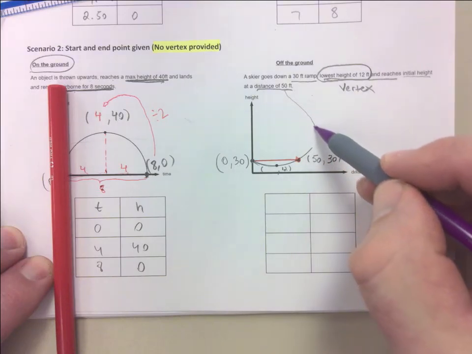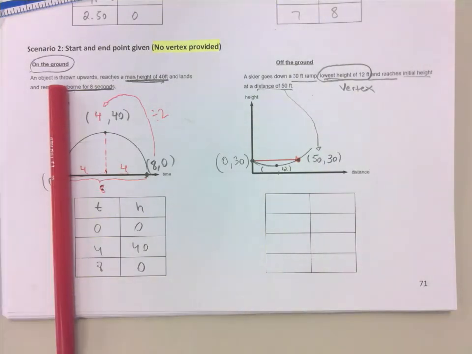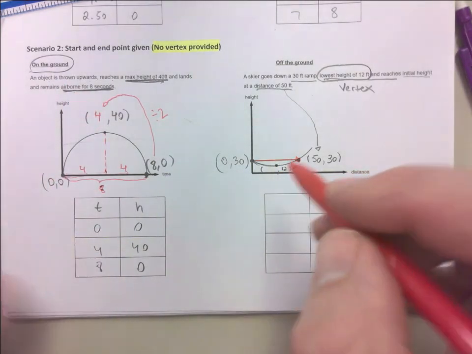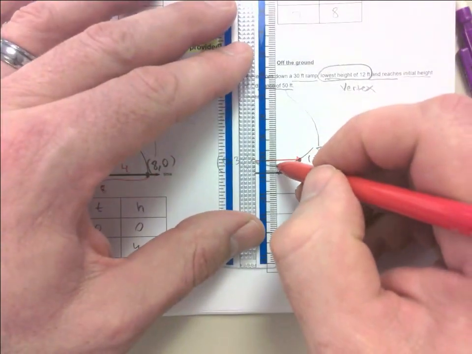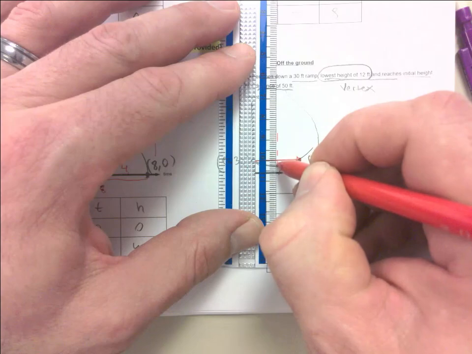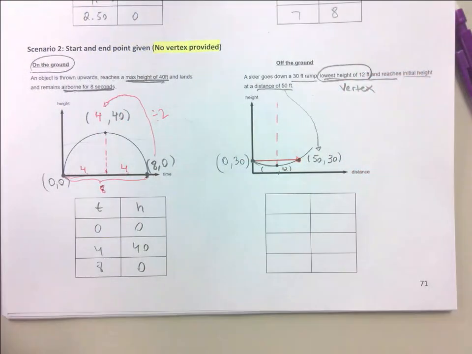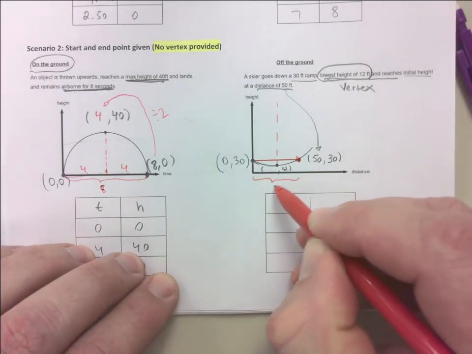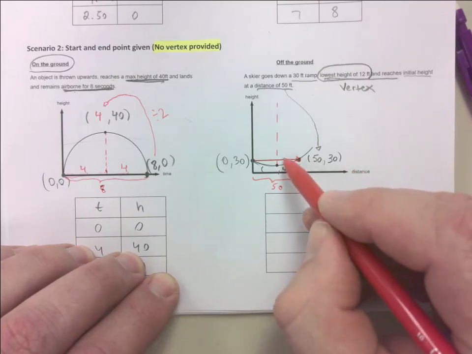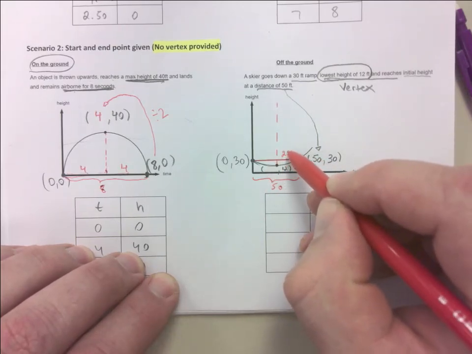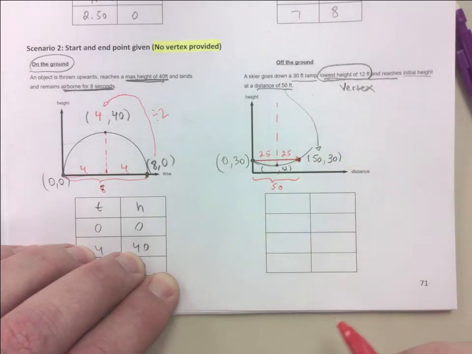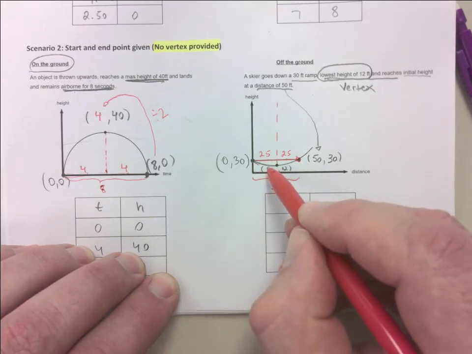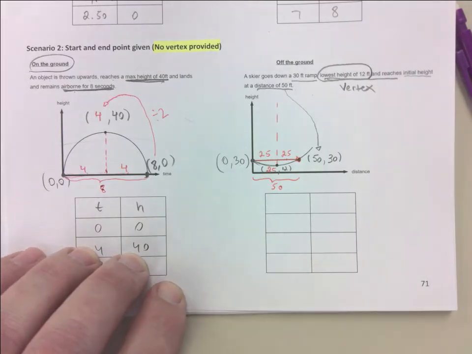If you want this 50, you bring it over there. And guess what? Here's your axis of symmetry again. If it's 50 from end to end, then guess what this is going to be split into? 25 and 25. So it takes 25 feet horizontally to get to this point right here.